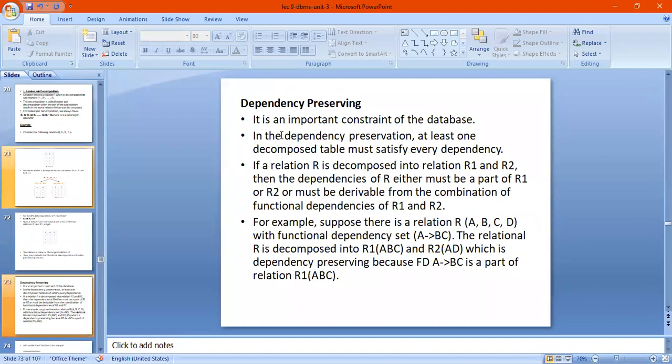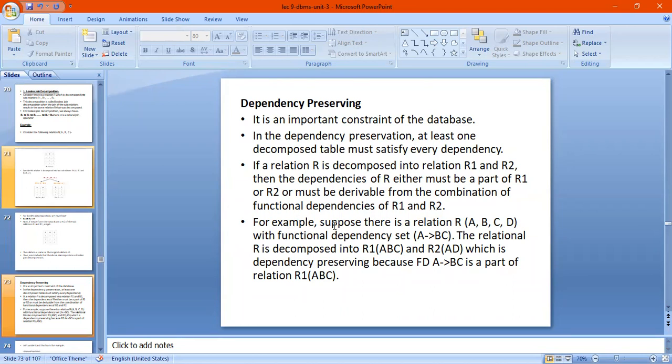Dependency preservation is an important constraint of the database. In dependency preservation, at least one decomposed table must satisfy every dependency. If a relation R is decomposed into relations R1 and R2, then the dependency of R must either be a part of R1 or R2, or must be derivable from the combination of functional dependencies of R1 and R2.